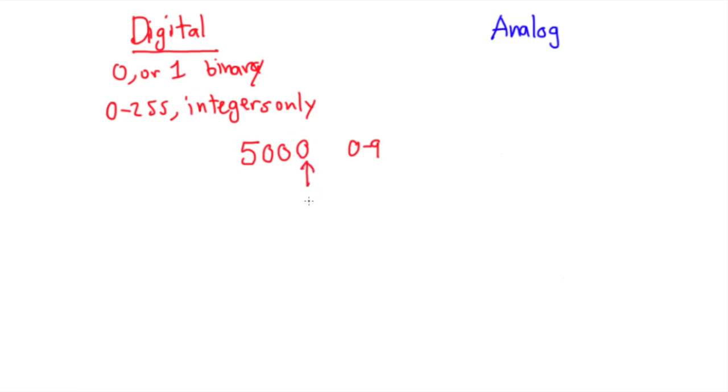So in this case, this is 0 times 10 to the 0th power. This is 0 times 10 to the first. This is 0 times 10 to the second. And this is 5 times 10 to the third. When you sum all these values together, you effectively get 5,000. Oops, that looks like an 8, but that's 5,000.